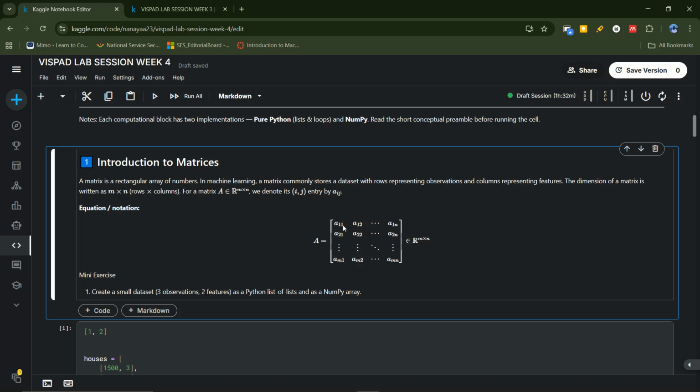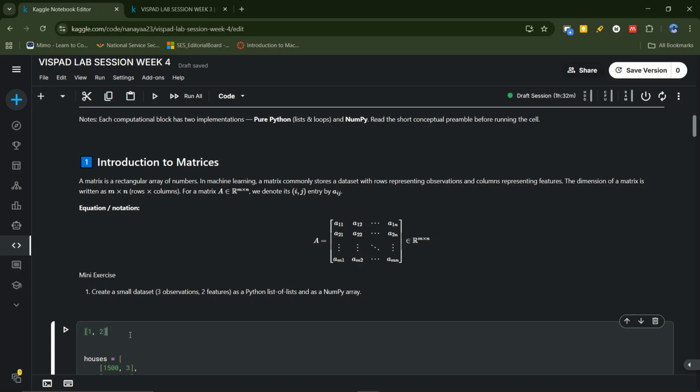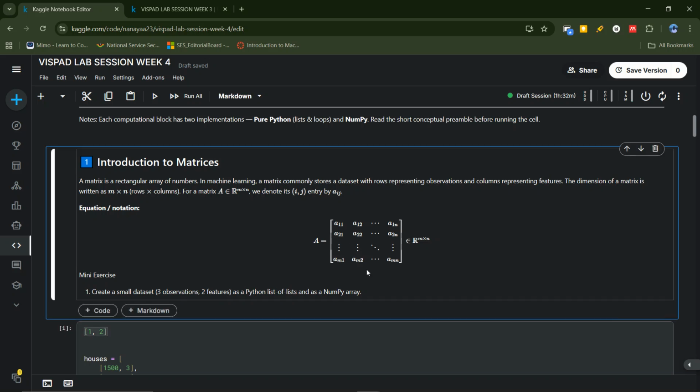So if you take A21, you realize that truly A21 is on the second row and the first column. Okay, so that is the whole ideology, or the best explanation I can give for what I am saying right now.